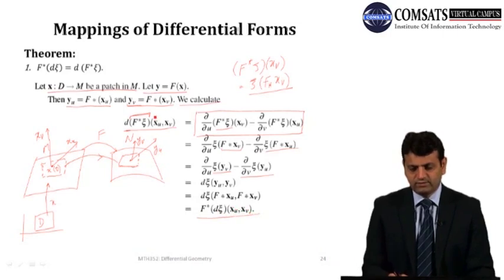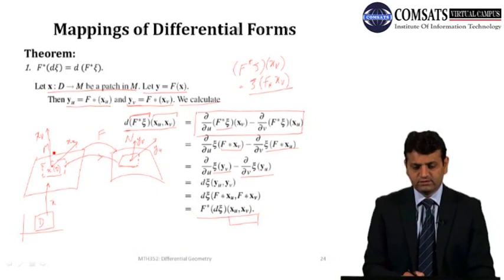So हमने इस pair of tangent vector से start लिया था, and we ended up proving that the exterior derivative of f upper star xi is equal to f upper star dxi. So if this is true for xu and xv, then this is true for each and every pair of tangent vectors in this tangent plane, and this is true for each and every point.